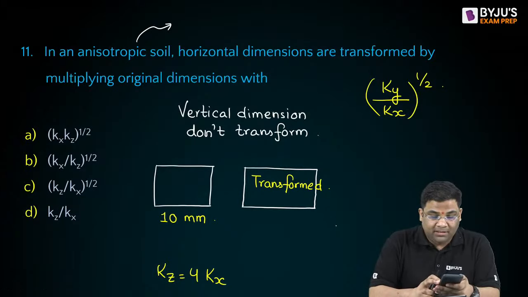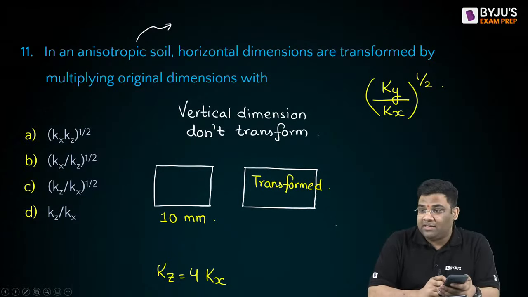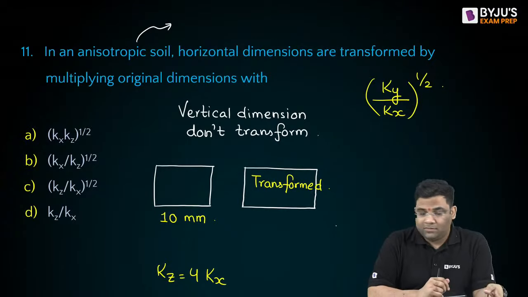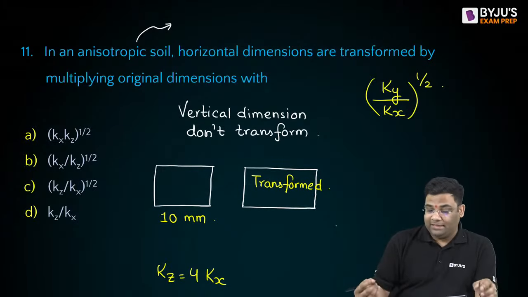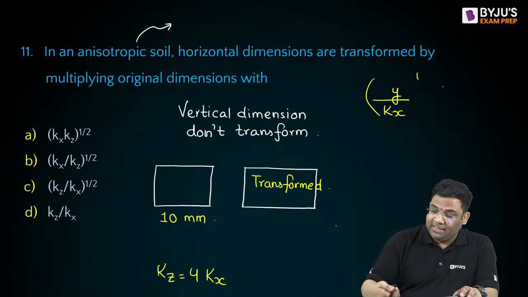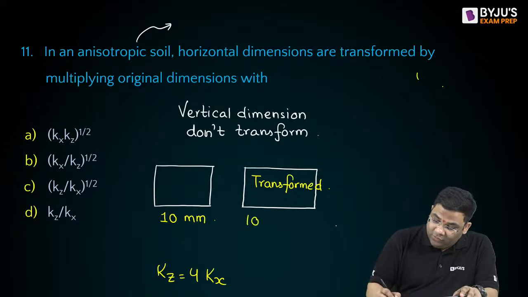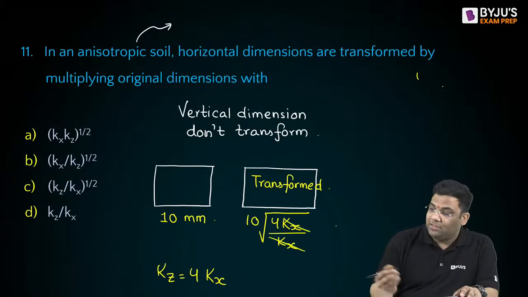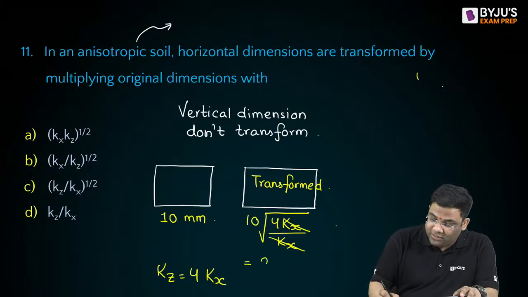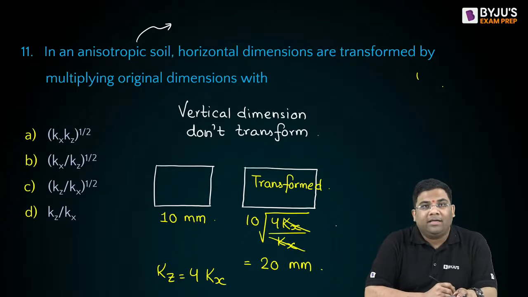They might ask you directly this, or they might ask you objective numerical also. So it will be 10 into root of kz by kx, which is 4 times kx divided by kx, the square root of 4, that is 2, so 20 mm. Understood? Very good.